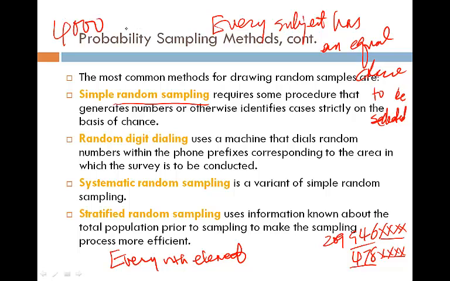If we want to study 400 people, we have to calculate the sampling interval. Sampling interval equals population over sample. In this case, it's 10. That means every 10th student will be selected. That is systematic random sampling.